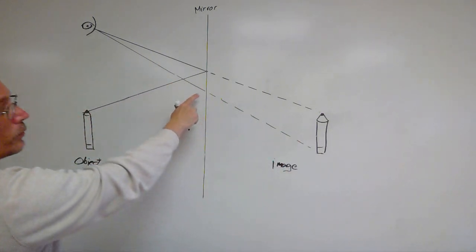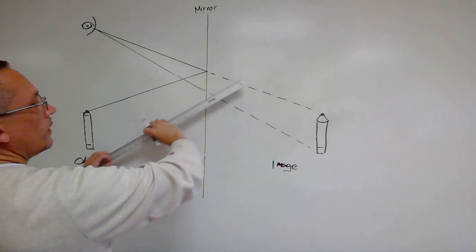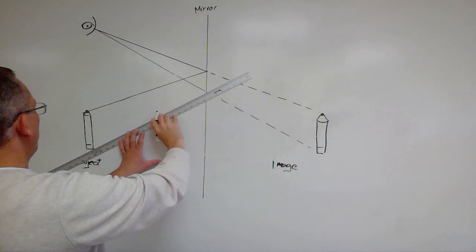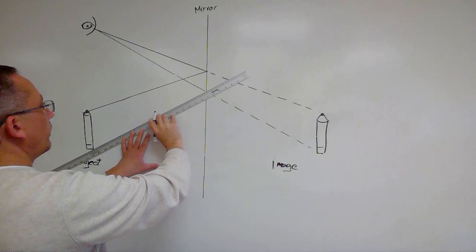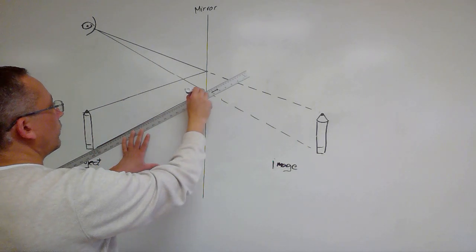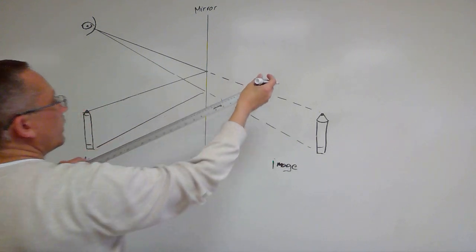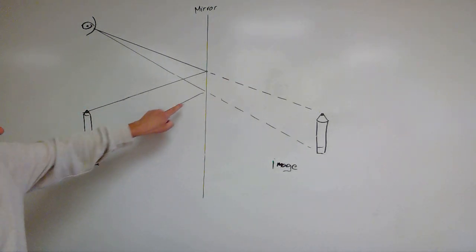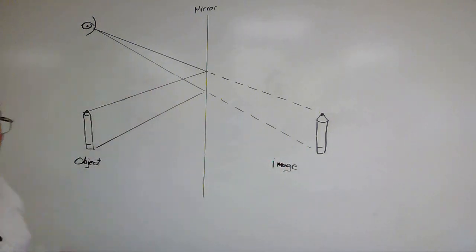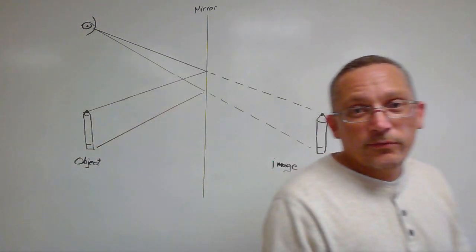And then from this point where the ray meets the mirror, I'll draw it back to the bottom of my object. So again, this is what the light actually did, and this is what it looks like the light did. And this is a ray diagram for a flat mirror.